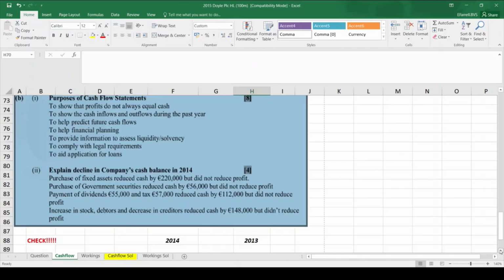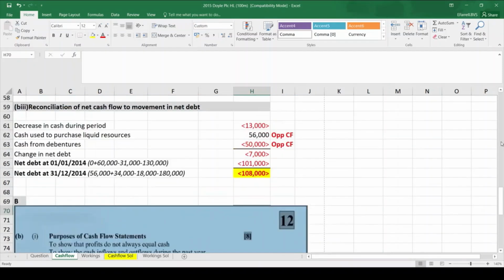They will be included in the profit and loss account. And the increase in stocks and debtors, and decrease in creditors reduces cash by 148, but didn't reduce profit. So that's just a small bit of theory at the end.